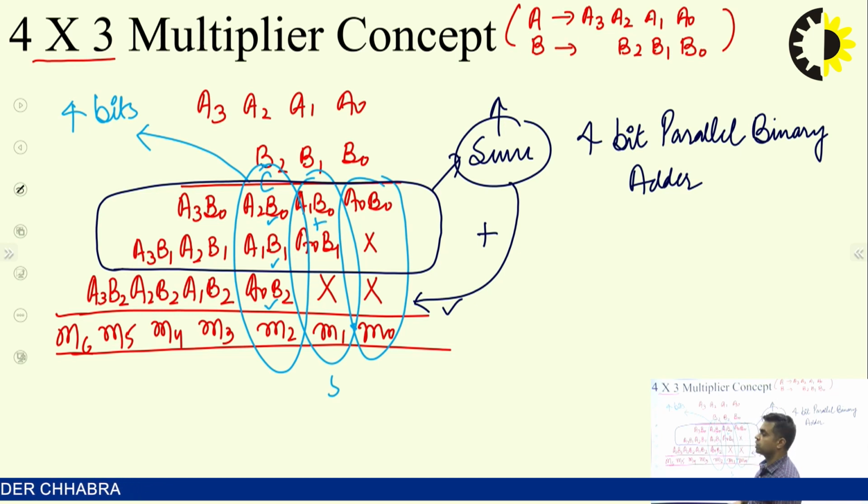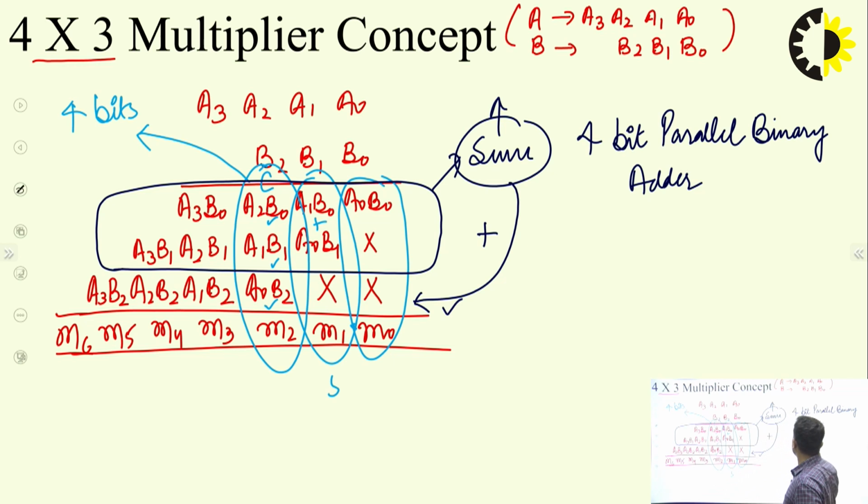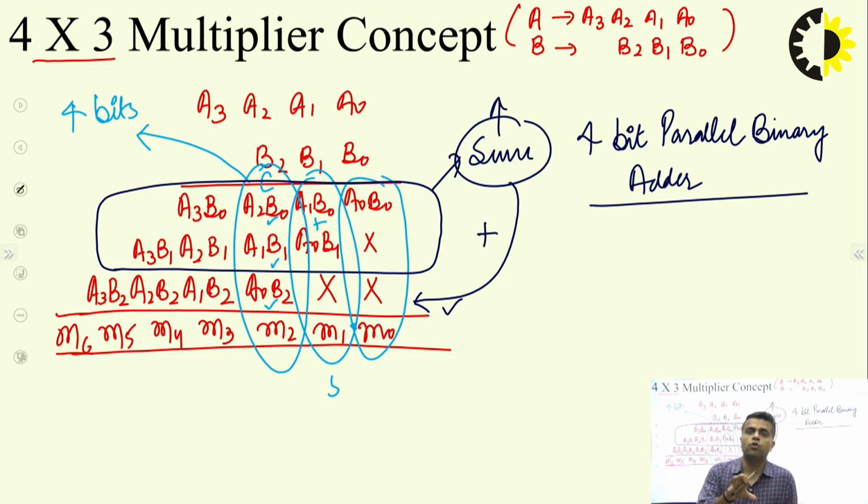That means the sum of the first 2 rows will be computed using a 4-bit parallel binary adder, and the output of that adder will be the sum of the first 2 rows, and then that sum will be added to the third row. So in that case, we will be requiring another 4-bit parallel binary adder.